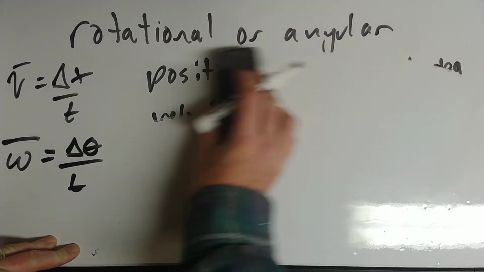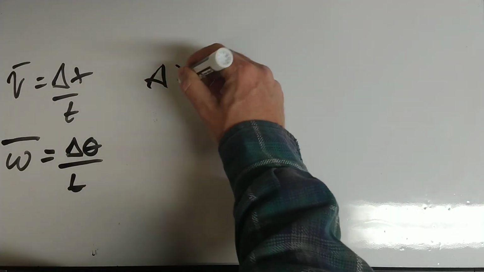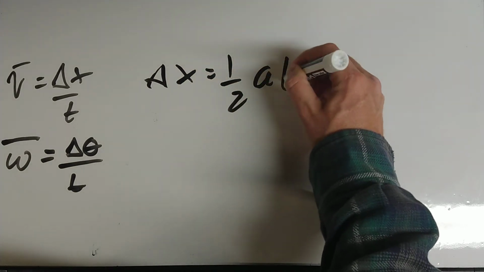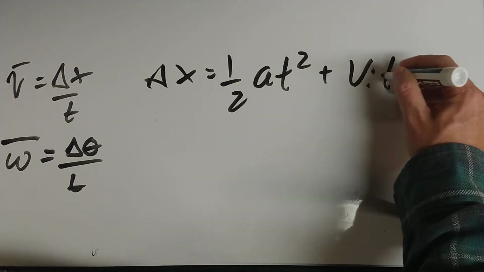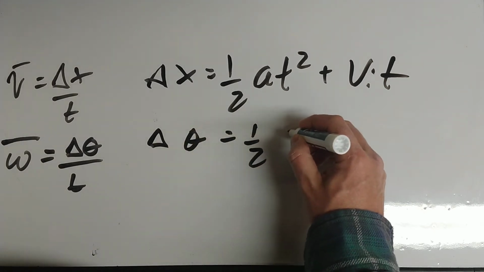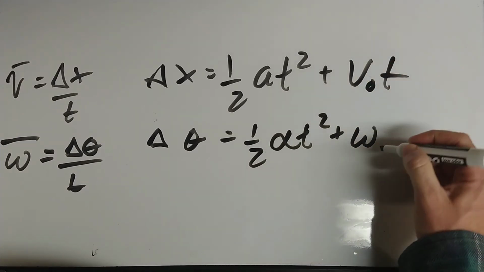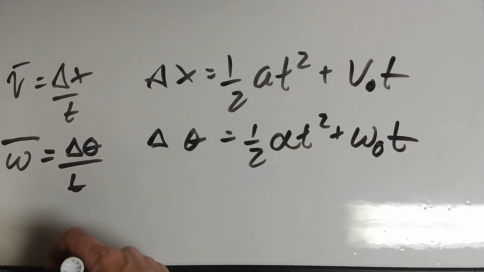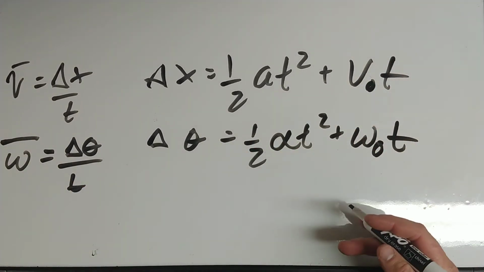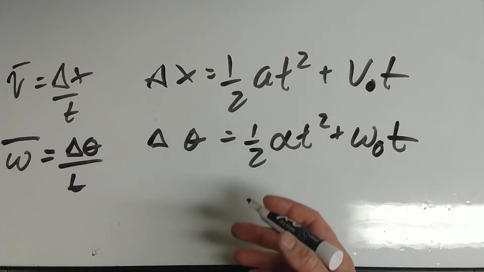If delta x equals 1/2 a t squared plus v initial t, then also delta theta equals 1/2 alpha t squared plus omega naught t. And it all works that way because of the calculus. It all follows a constant acceleration pattern.